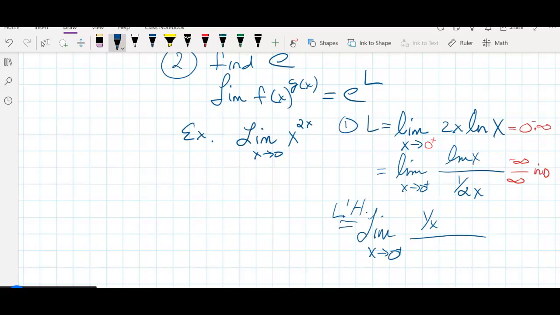You could do, it's 1/2 x to the negative 1 if you need to, right? If you don't have that down yet in your head, change the 1 over x part to x to the negative 1, right? So then it becomes negative 1/2 x to the negative 2, which is negative 1 over 2x squared. Okay?